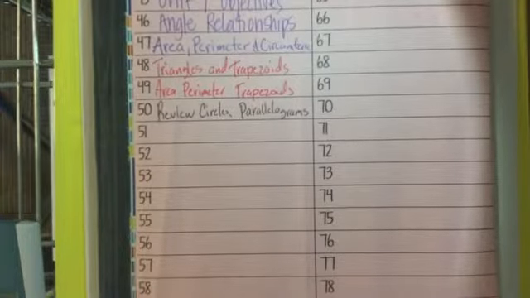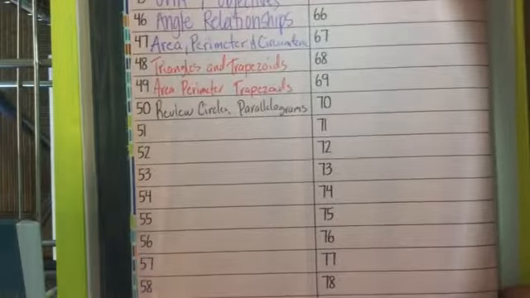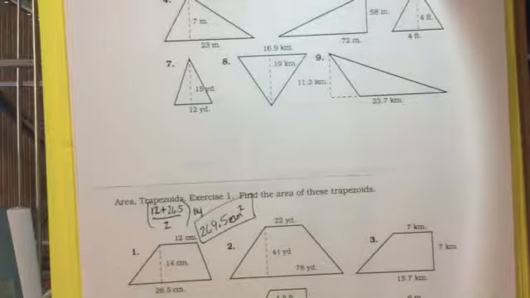So page 50, review circles and parallelograms. After we've got that written in, turn over to page 50. So page 50 at the top, review circles and parallelograms.